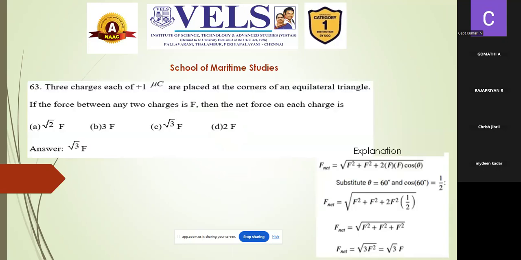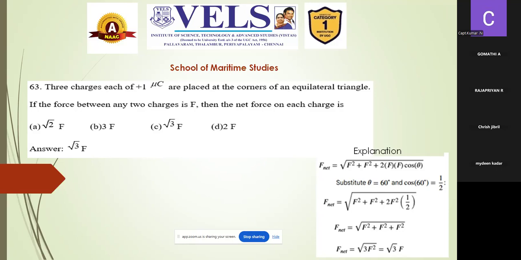Our next question is, 3 charges each of plus 1 microcoulomb are placed at the corners of an equilateral triangle. If the force between two charges is F, what is the net force on each charge?